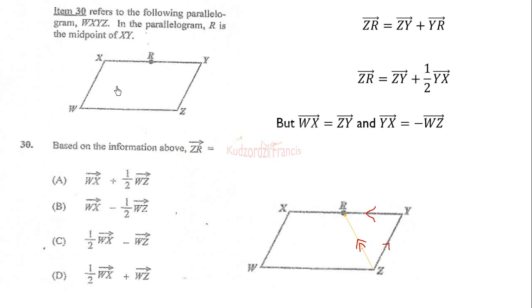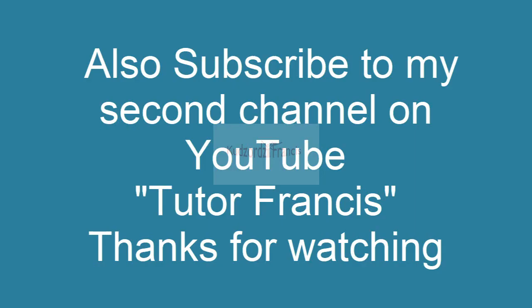So in other words, YX is equal to negative WZ. Now we substitute this over here to get WX minus half of WZ, and that will give you option B as the correct answer.